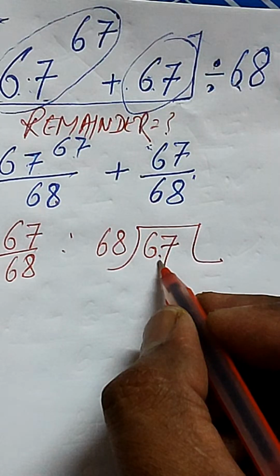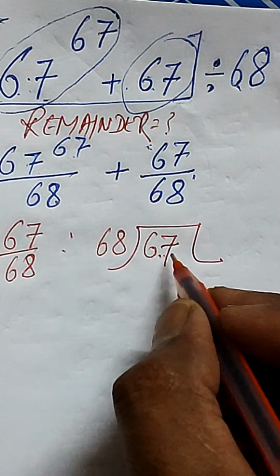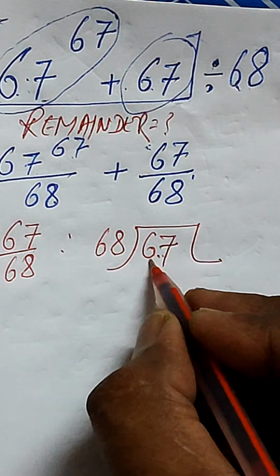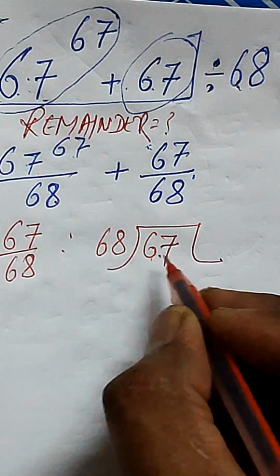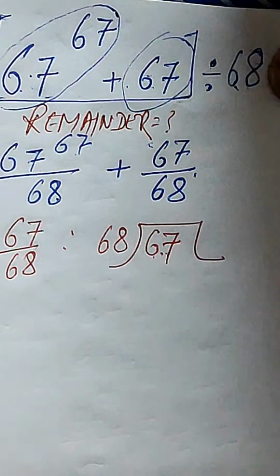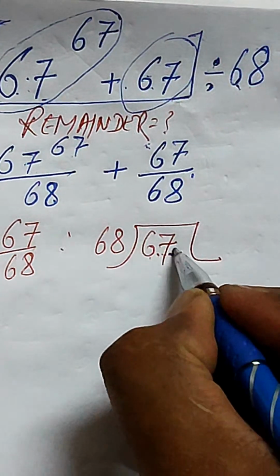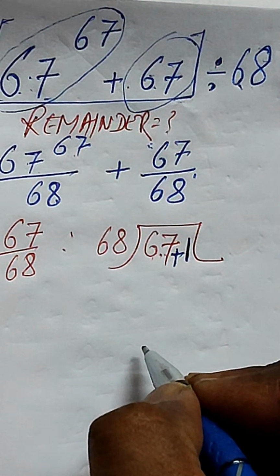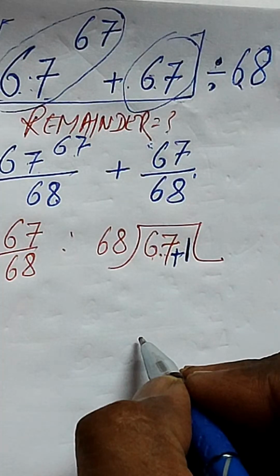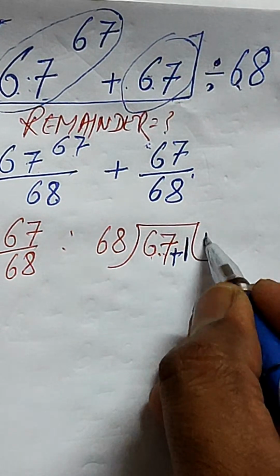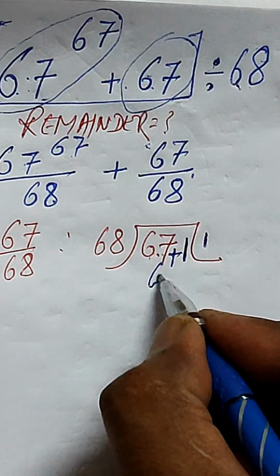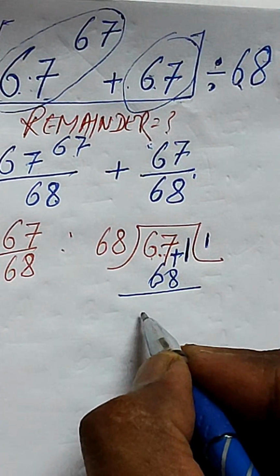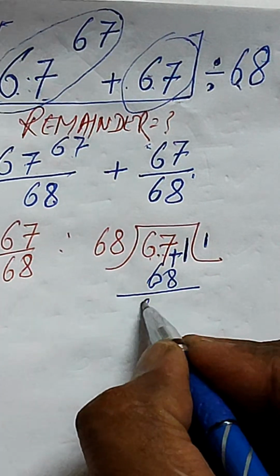Why? Because it is not 68, it is less than 68. So suppose we had added plus 1 over here, right? Then 1 times this 68 would be divided, and we are left with 0.